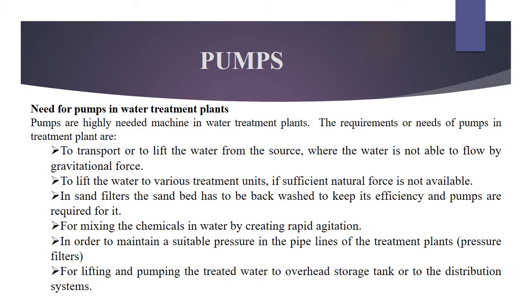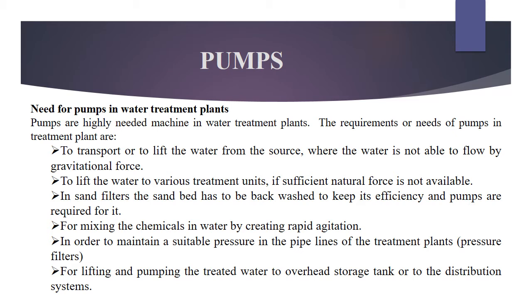Need for pumps in water treatment plants. Pumps are highly needed machines in water treatment plants. They can transport or lift water from a source where the water is not able to flow by gravitational force, and lift the water to various treatment units if sufficient natural force is not available. In a sand filter, they can be used for backwash in rapid sand filters.